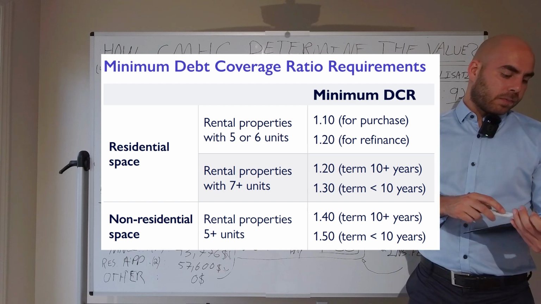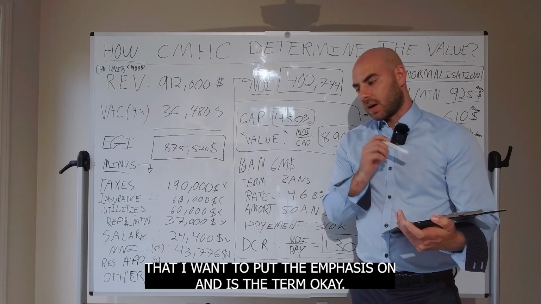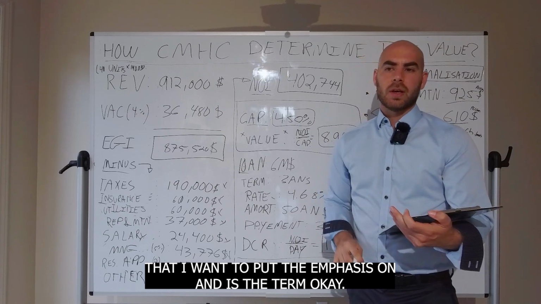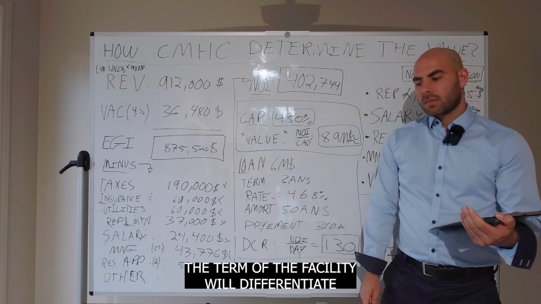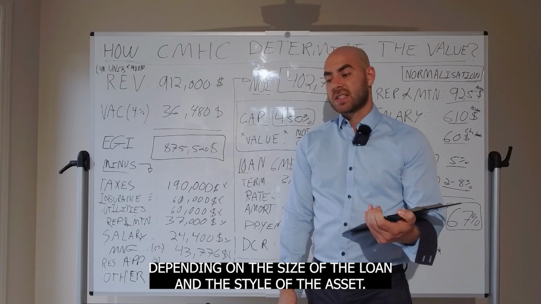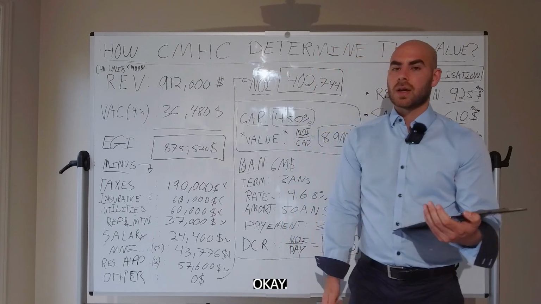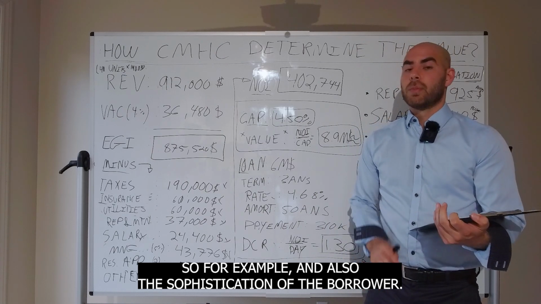There's one important piece of information here that I want to put the emphasis on, and it is the term, okay? The term of the facility will differ depending on the size of the loan and the style of the asset, and also the sophistication of the borrower.